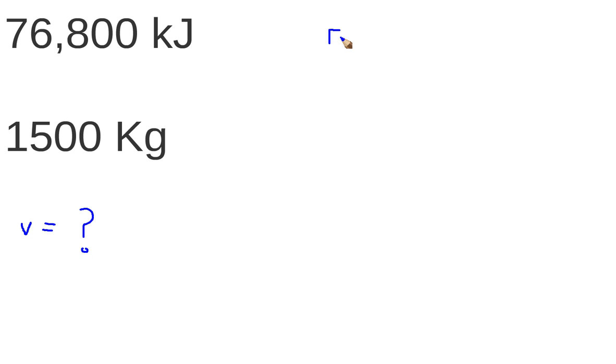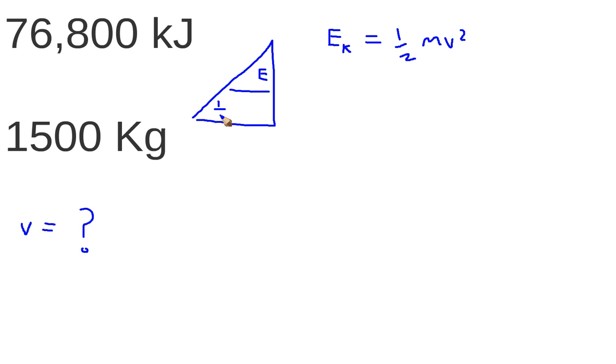So we're going to have to rearrange our formula. Let's start with the standard formula, EK equals half mv squared. We can put that into our triangle if that's helpful for some people. So we'd have energy at the top, and half m and v squared down the bottom.